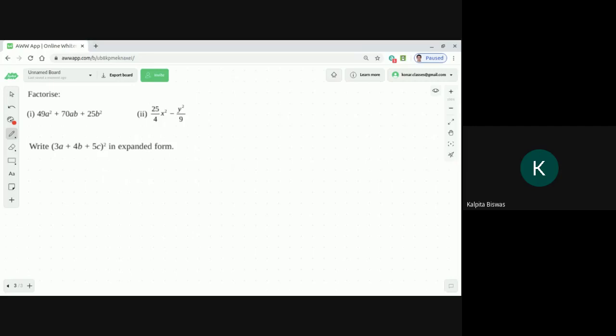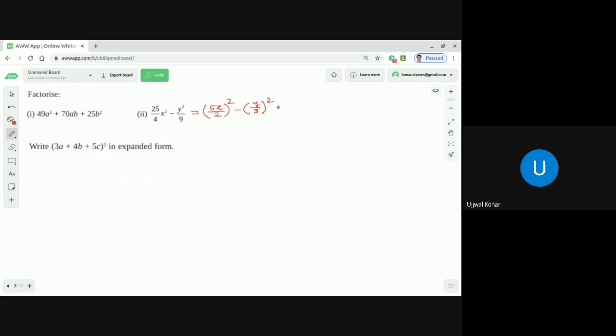Is it? Now you need to factorize. If you factorize, this we can write as (5x by 2) whole square, correct? Minus (y by 3) whole square, correct or not?